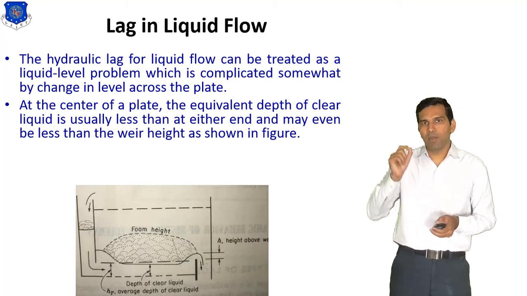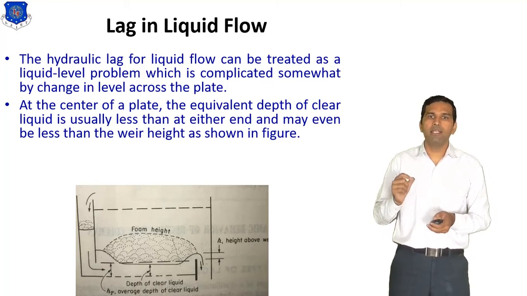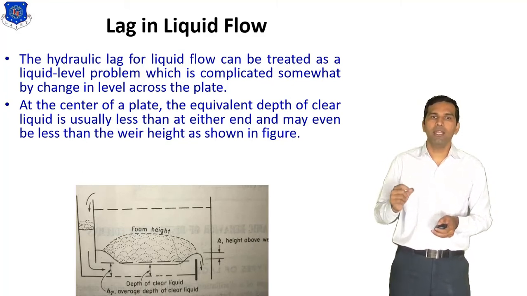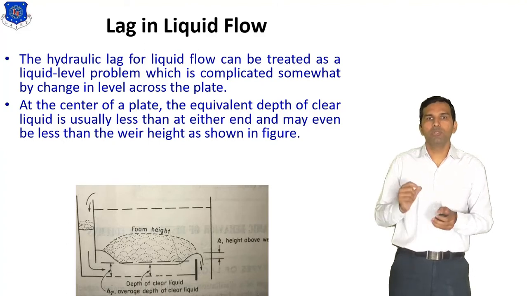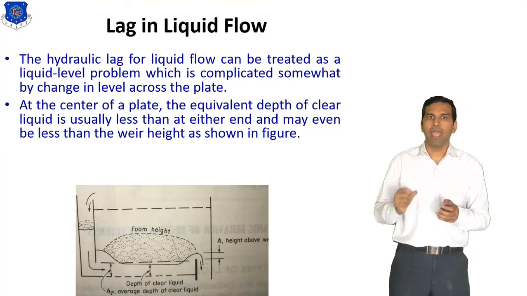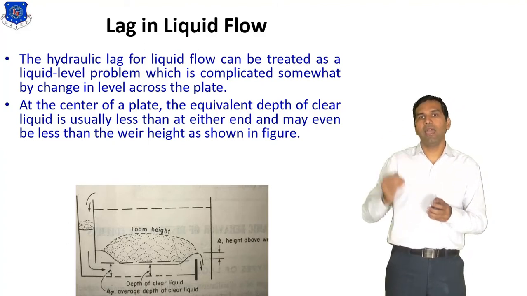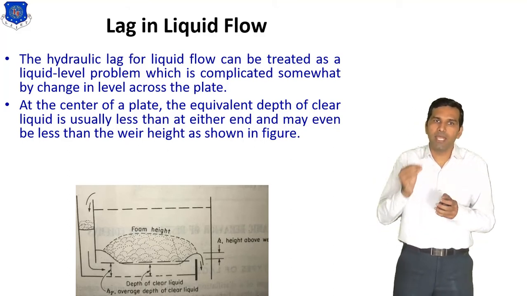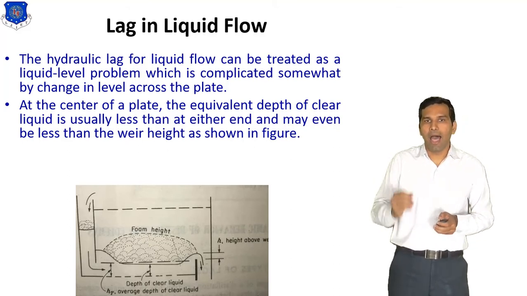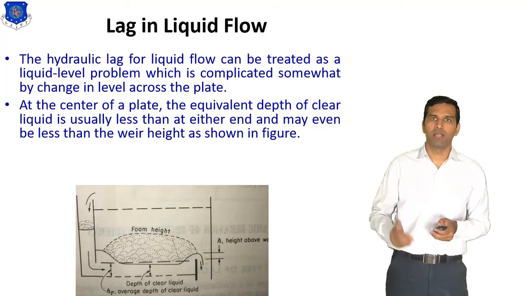At the center of the plate, the equivalent depth of the clear liquid is usually less than at either end and may even be less than the weir height, as shown in the figure.